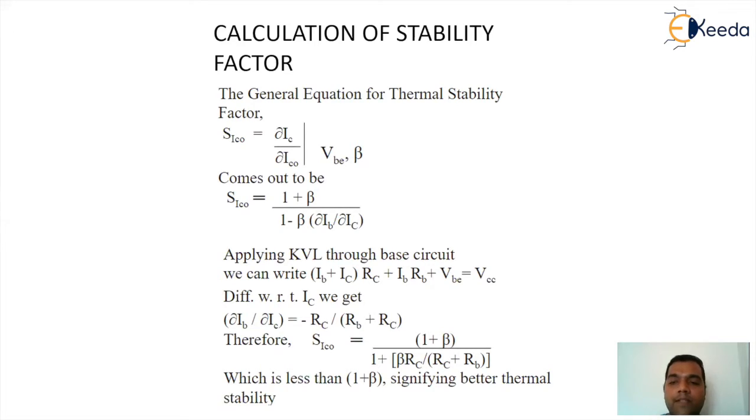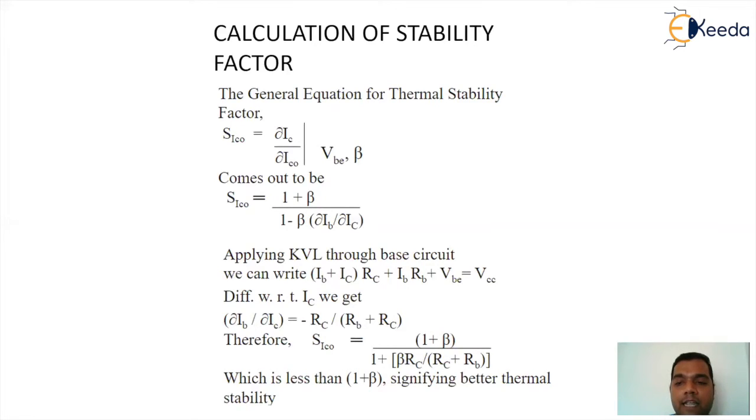So where is the base current? The base current is basically the current corresponding to the input current. So I need to take the input equation and differentiate it with respect to the output current IC. The thumb rule for getting the stability factor is that we get the KVL equation for the input.